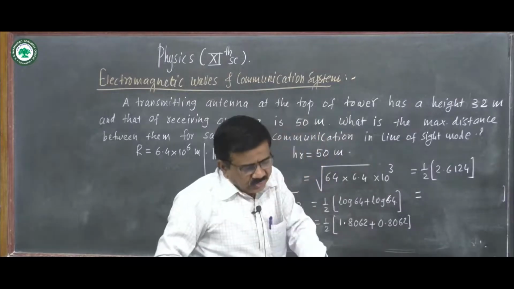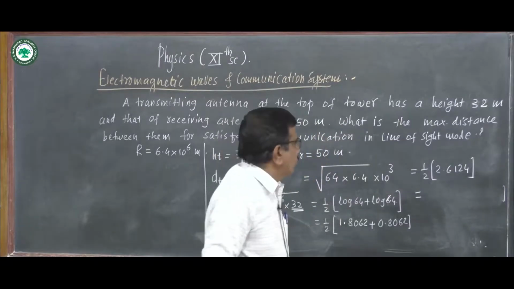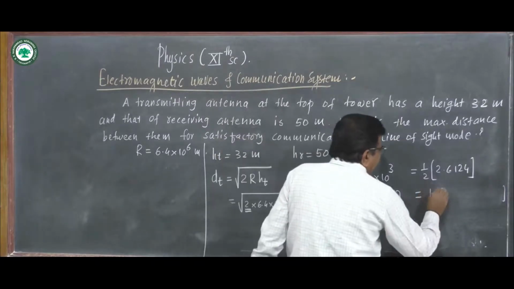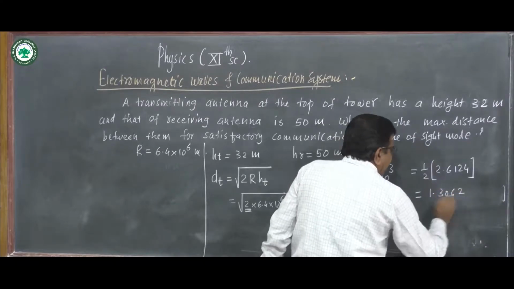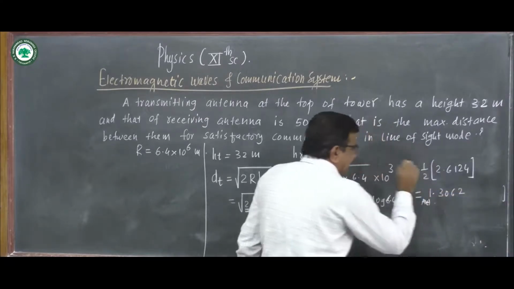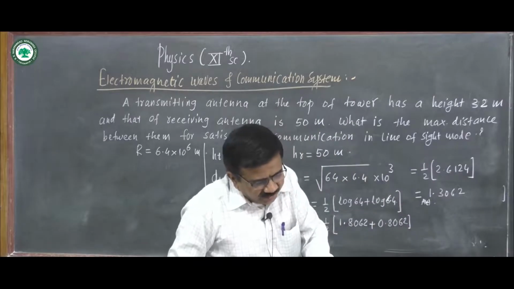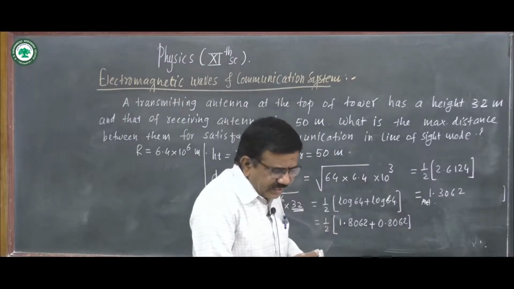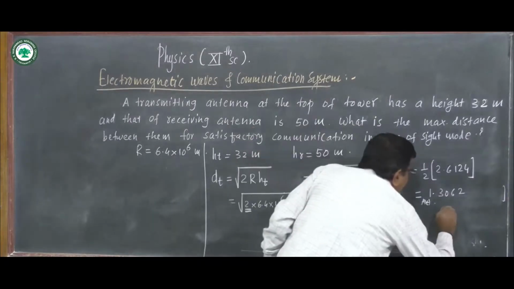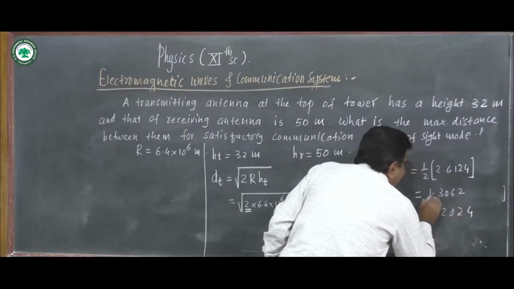Dividing it by 2, we get 1.3062, and its antilog of this number is 20.24.